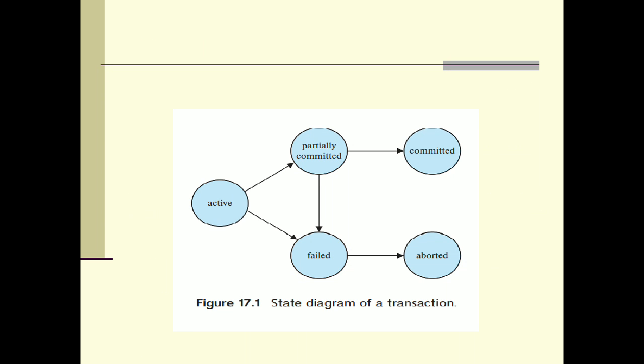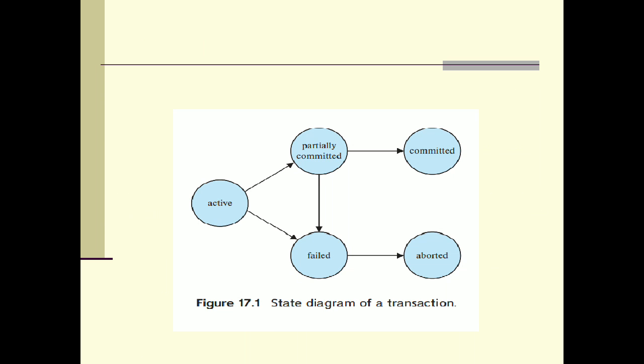This is the diagram which shows the states of the transaction. Whenever there is a transaction, it is in one of the 5 states. Initially, the transaction is in the active state. After the active state, it will go into either the partially committed state or the failed state.